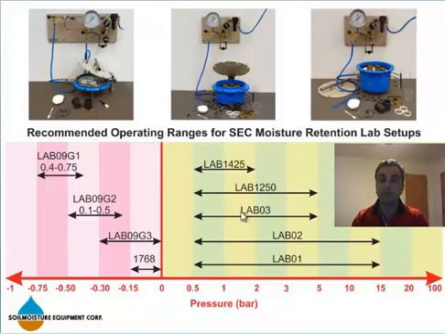The short answer to that question is that with lab 3 you get more accuracy in your pressure application. The other advantage is that you oftentimes might want to run both of the extractors together. You have a set that does 0 to 5 bar and another one that does 0 to 15 bar.